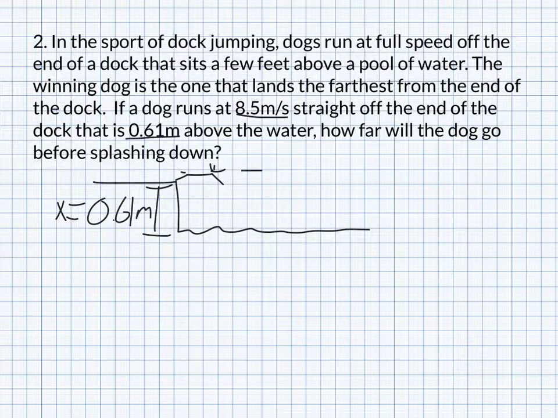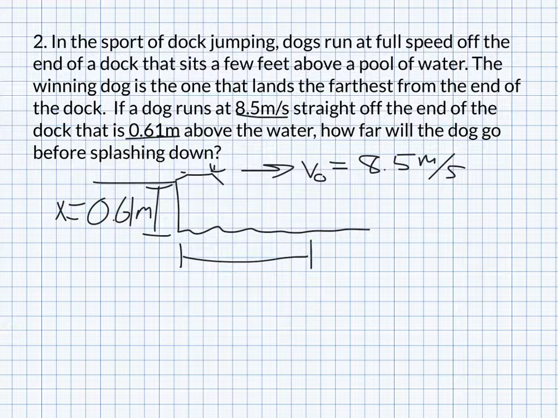So his velocity, v naught, is 8.5 meters per second. How far will he go? So the question is really asking for a distance, but it's asking for a horizontal distance. It's asking for this delta x.